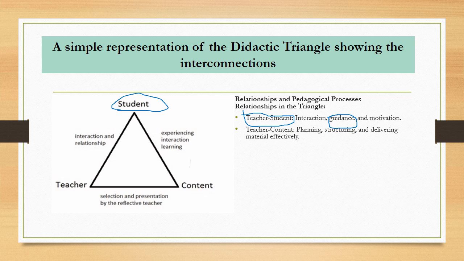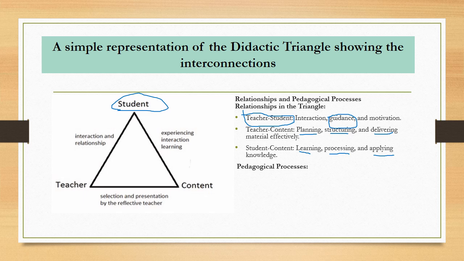The teacher is the one to plan, to structure, and to deliver the content to the student effectively. And in another relationship, the student, content, and learning processes. In the student-content relationship, the student learns the content, processes it in a meaningful way, and applies it in real life situations.